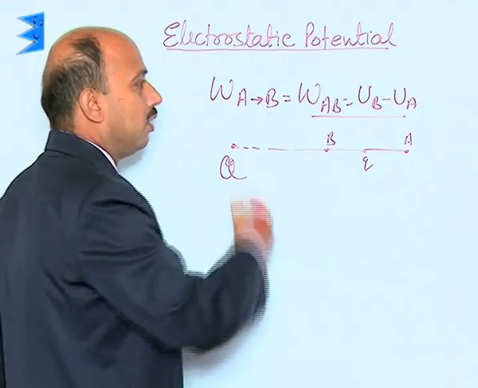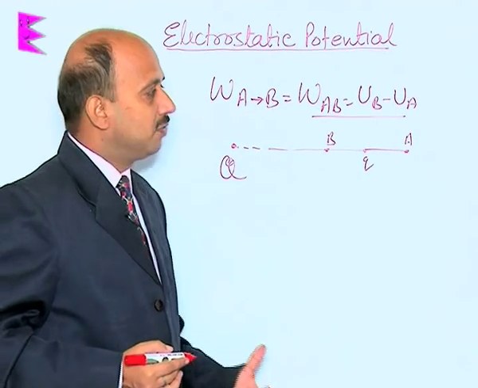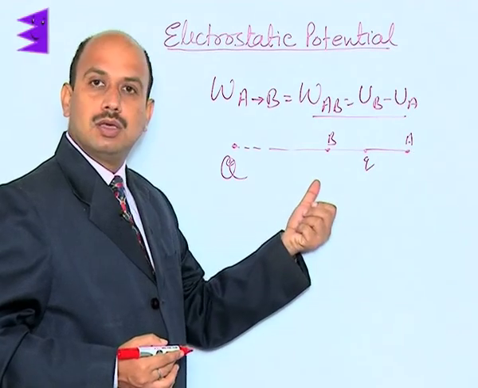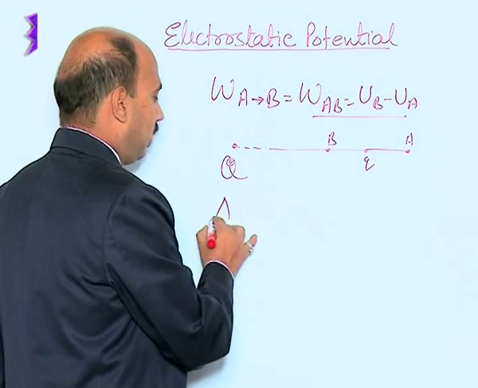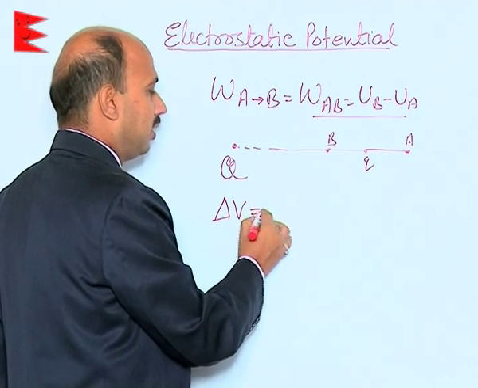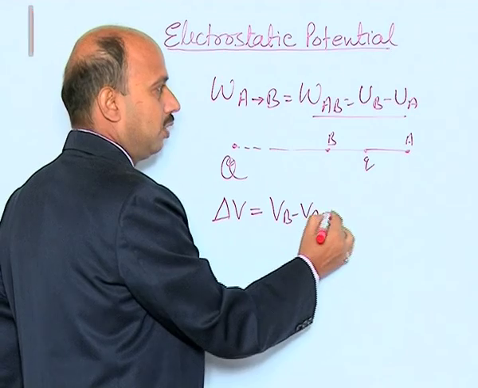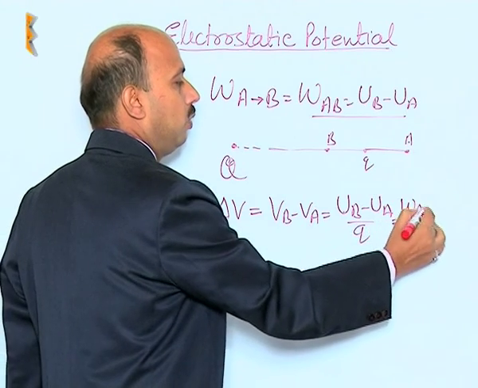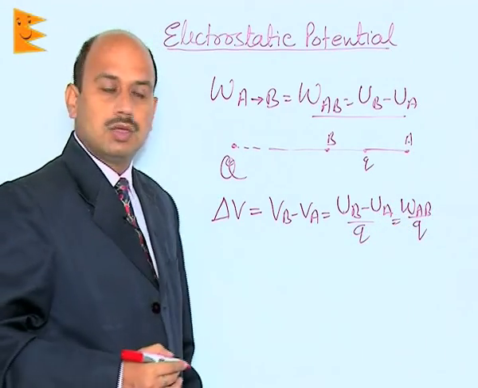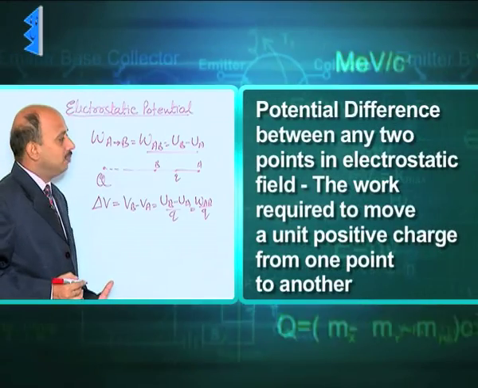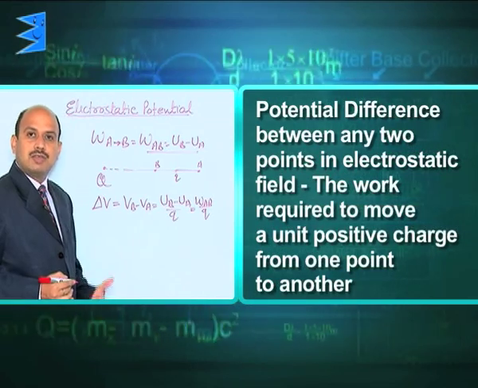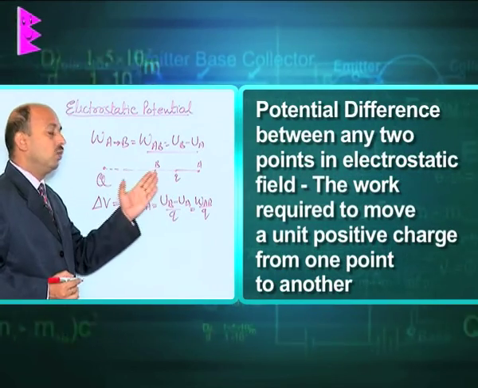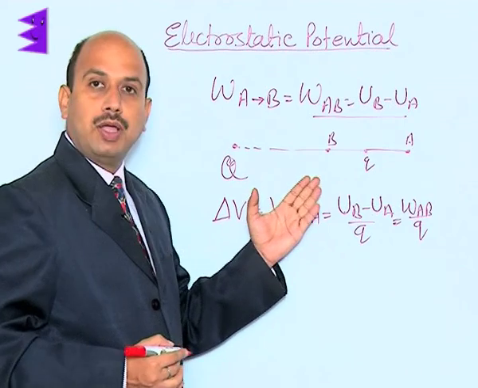Now, if you are taking the work done required to move the charge from point A to B, to move the unit positive charge from the point A to B, we can write that the potential difference between B and A, that is delta V, can be written VB minus VA is equal to UB minus UA divided by Q. That can also be written WAB upon Q. Thus, we can say potential difference between any 2 points in the electrostatic field is defined as the work done required to move a unit positive charge from one point to another, like from point A to point B here.